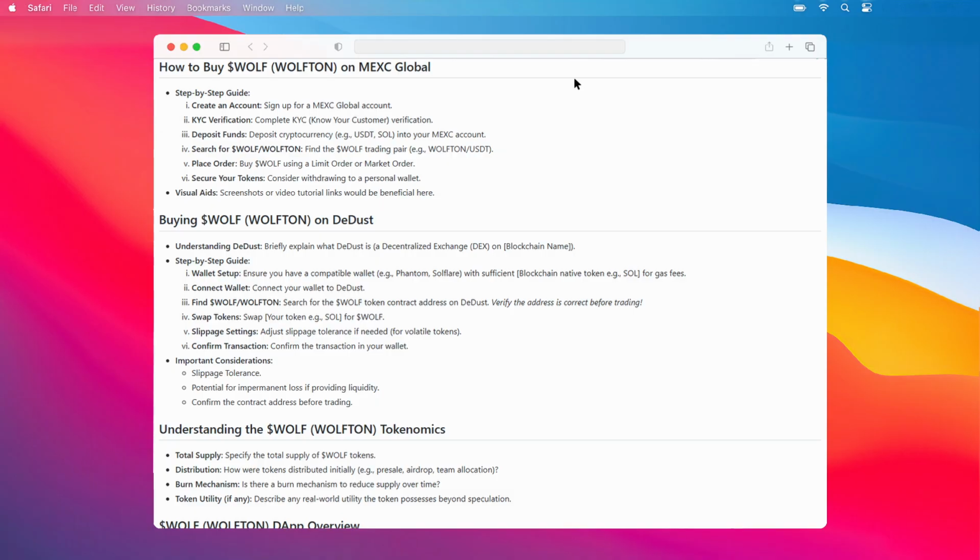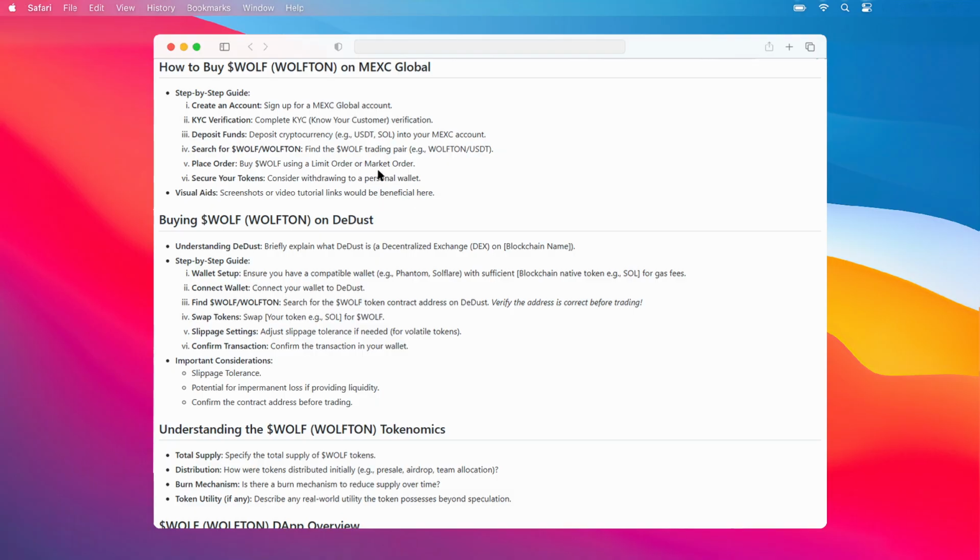Let's explore how to buy $WLF, also known as Wolfton, on DeDust. First, let's understand what DeDust is. It's a decentralized exchange, or DEX, operating on a specific blockchain. Now for the step-by-step guide. Ensure you have a compatible wallet such as Phantom or Solflare, and that you have enough of the blockchain's native token, such as SOL, to cover the gas fees. Next, connect your wallet to the DeDust platform.